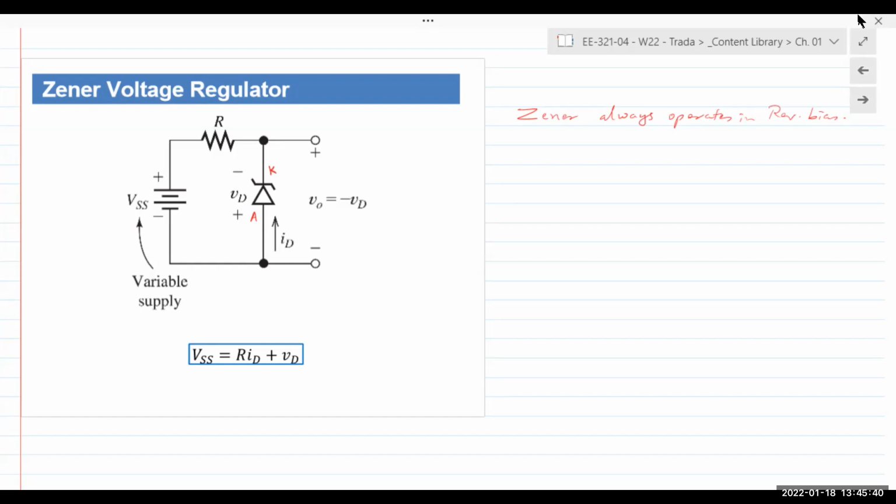If we say the Zener diode is rated for 6 volts, then the diode will stay off if the input voltage to that Zener is less than 6 volts. So the Zener diode is off as long as V in is less than VZ.